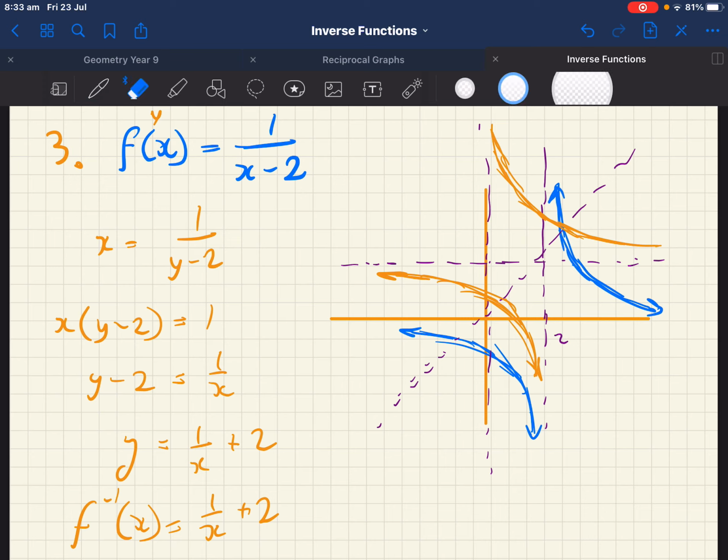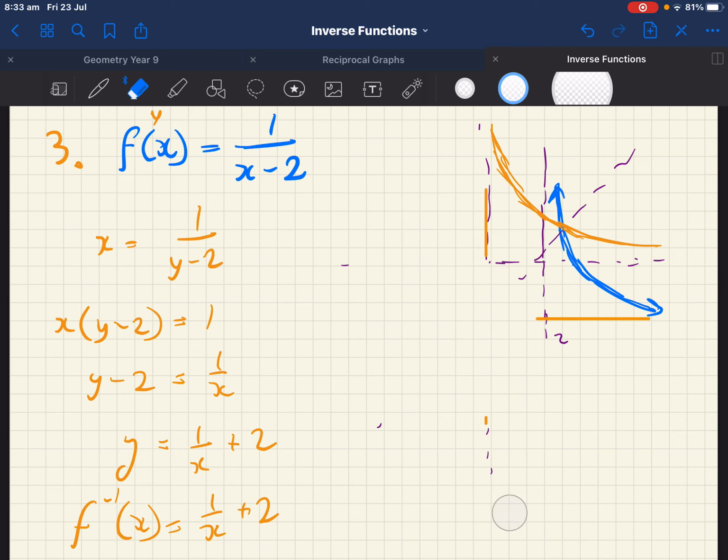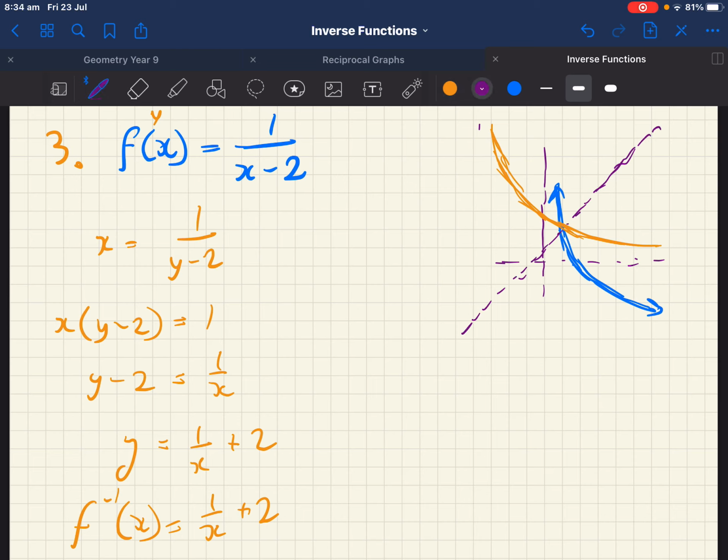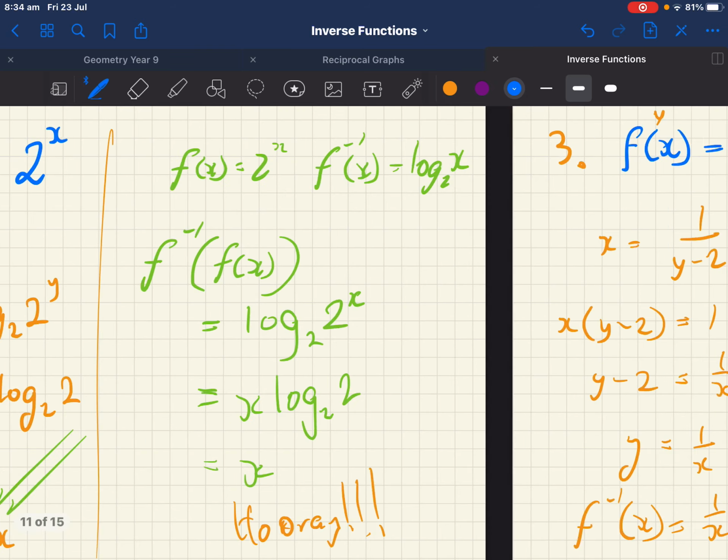I think my graph isn't maybe the best, but if we highlight this positive version, you should hopefully be able to accurately see, if I get rid of all the rest of this garbage, about this line y equals x. Look at the symmetry that's occurring with the two graphs. As if I was to extend them more, you see they've got this perfect symmetry about the line y equals x, and that will go right through all of them.